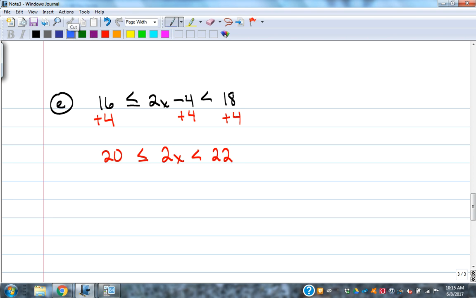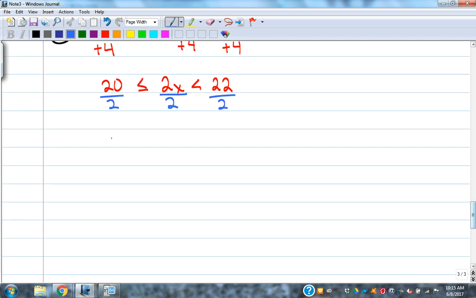Now what? Divide all of them by 2. Well, this one's nice because everything is divisible by 2. It'd be 10 and 11. That's easy peasy.